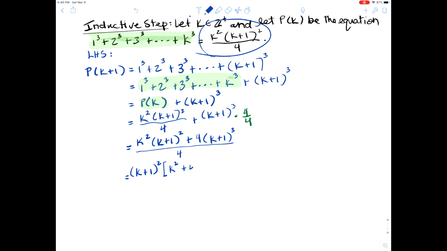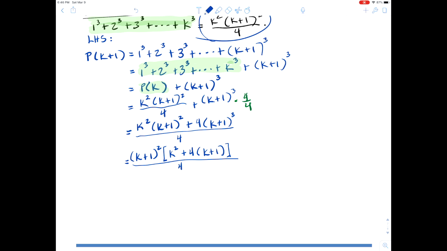And from the second part, I'll have 4 times quantity (k plus 1) to the 1, right? All over 4. And then this is going to yield (k plus 1) squared times (k squared plus 4k plus 4) all over 4.